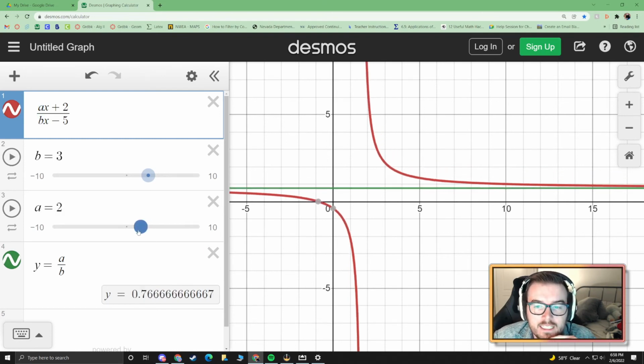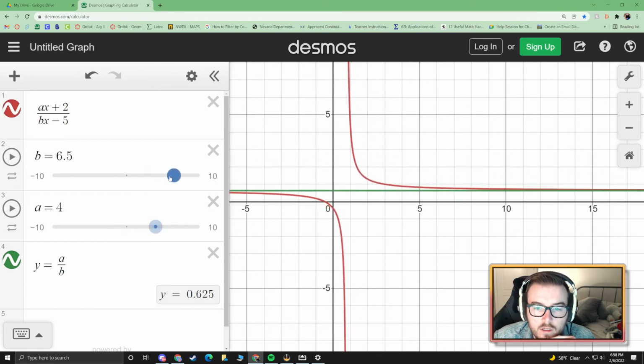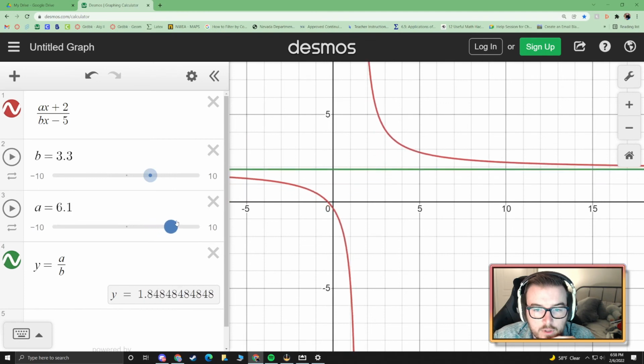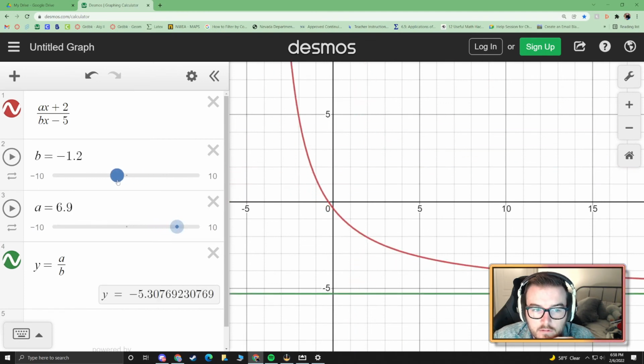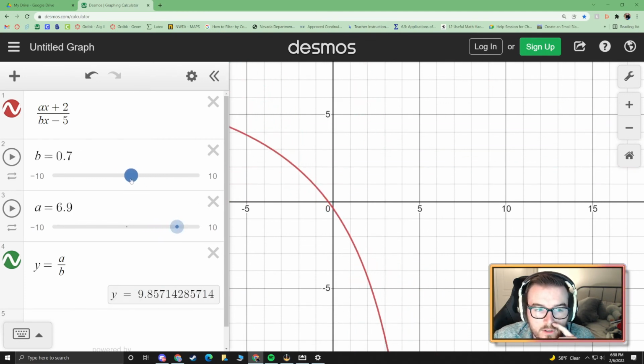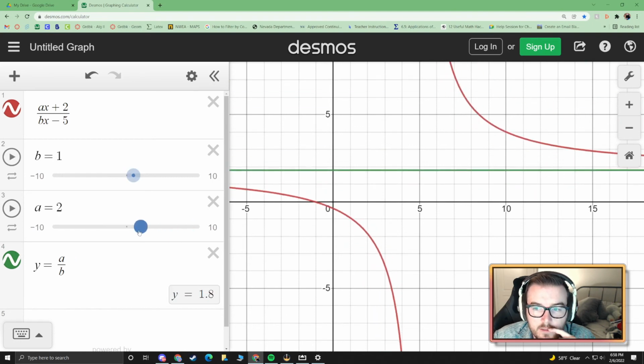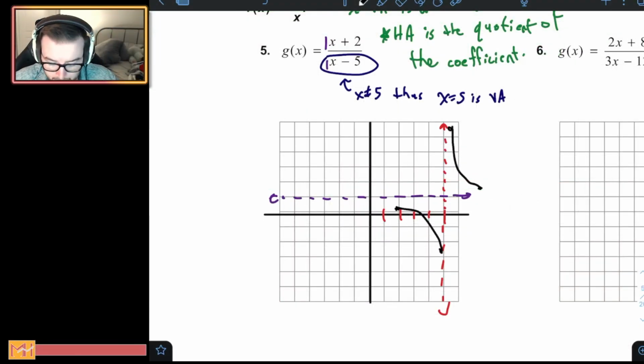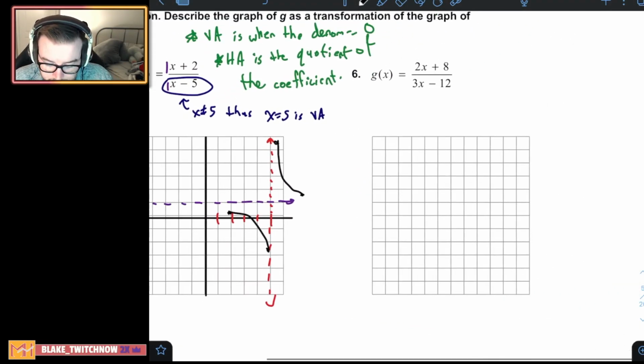And watch as I change the coefficients, the asymptote moves and stays in that perfect spot. It's truly incredible. That is how it works. It's crazy. What can I say except it's crazy? So enough of that.